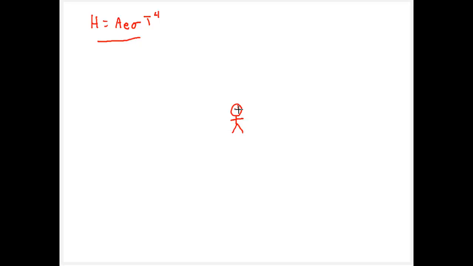If we consider my man from the previous slide drinking his Coke, the man's going to be at some temperature, so we can say that the heat flowing out of the man is going to be area, emissivity of the man, Stefan-Boltzmann constant, and T to the 4th of the man.